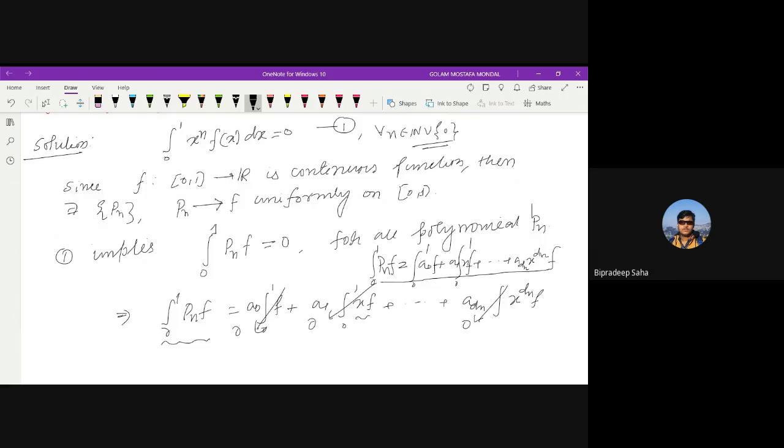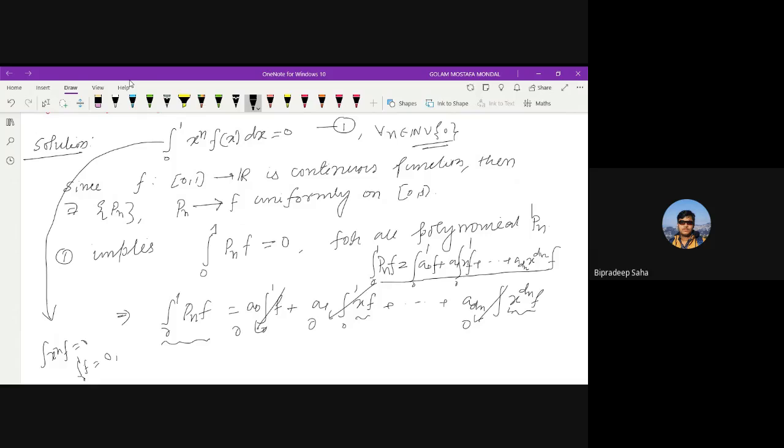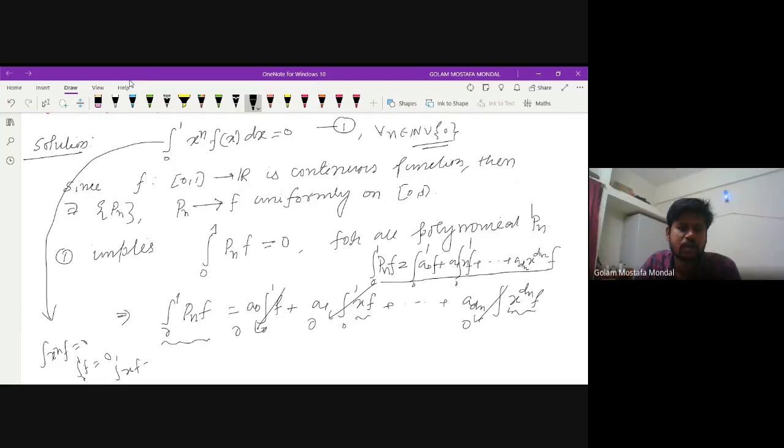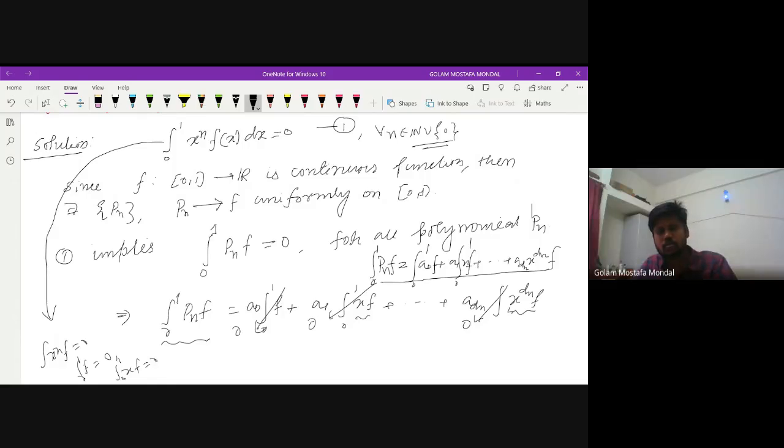So this is the integral from 0 to 1 of f, the integral from 0 to 1 of x f, and all of these are 0. Why? What does it mean? X to the power n f equal to 0 for all n means the integral from 0 to 1 of f is 0, the integral of x f is 0, right? Yes, now I got it. So this integral is 0.